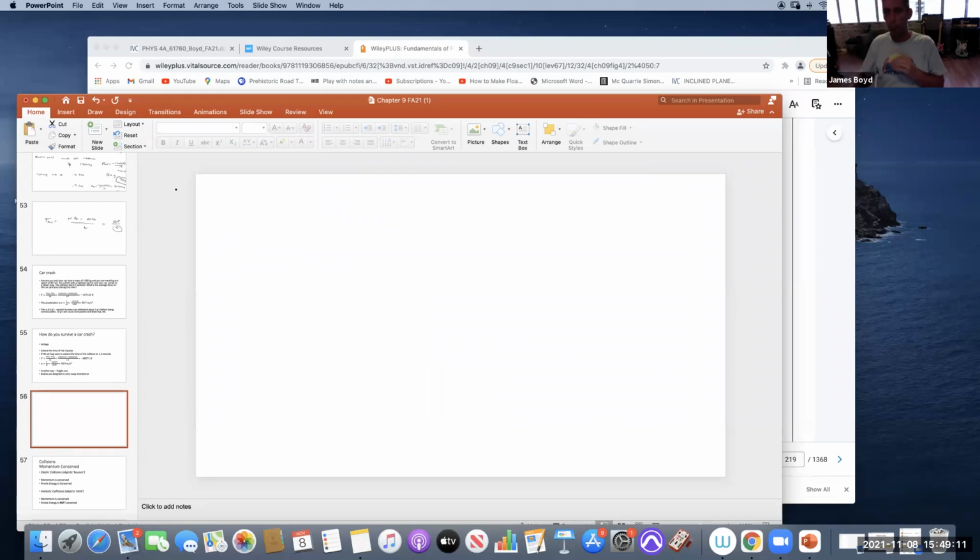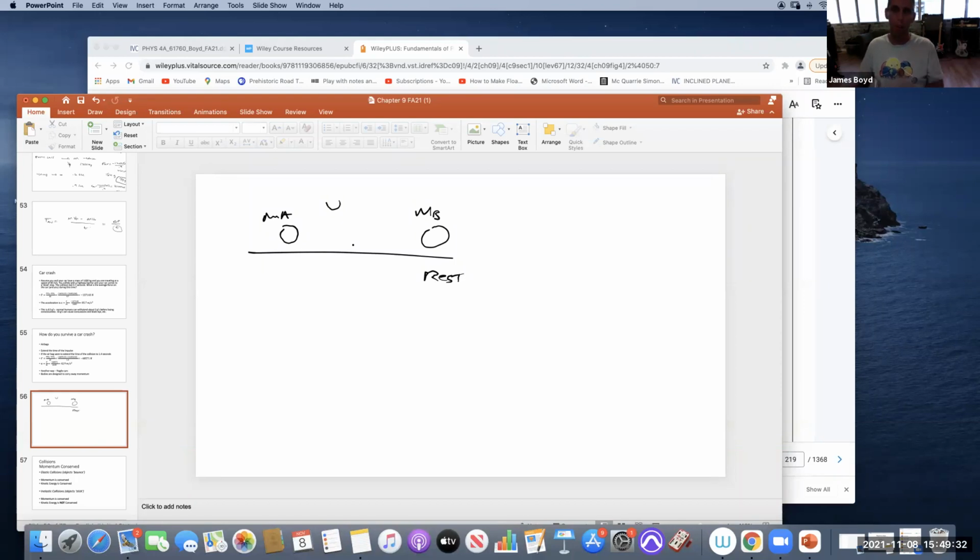So collisions are what we call billiard ball or pool ball problems. In these problems, we always are like, oh yeah, it's this ball and another ball. So mass A and mass B. And mass B is usually at rest, and mass A usually has some velocity.